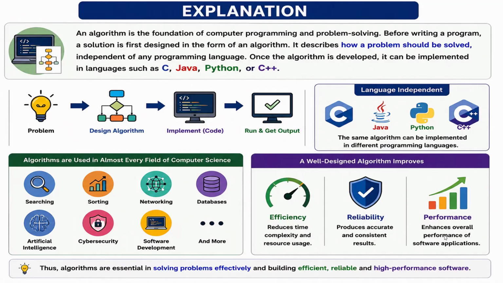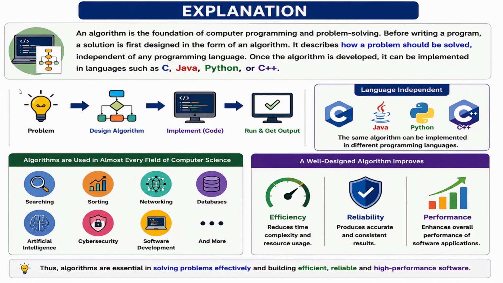Here, if you observe, an algorithm is language independent. It is not related to C programming, Java, Python or C++. The same algorithm we can implement in different programming languages.